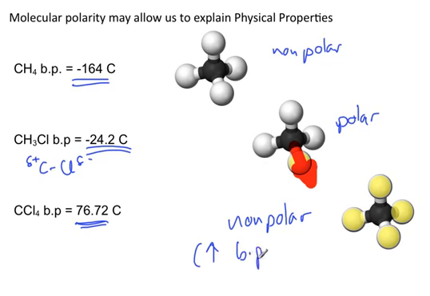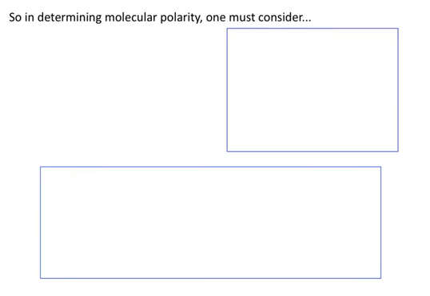So the increased boiling point is due solely to increased dispersion forces. So even though you have a non-polar molecule, size of the atom, size of the molecule is going to have a bearing. And so these are the sorts of things you have to consider with physical properties.